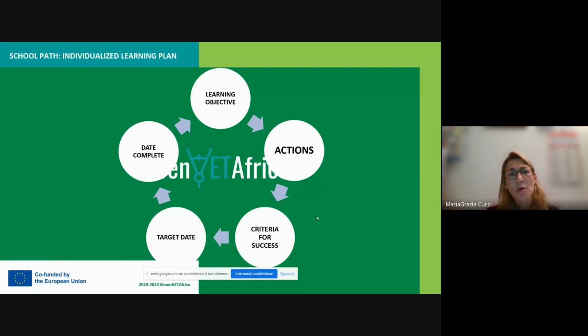We transform this learning objective into actions. So, for instance, we say that the learning objective is reading technical drawing. We transform that into actions.